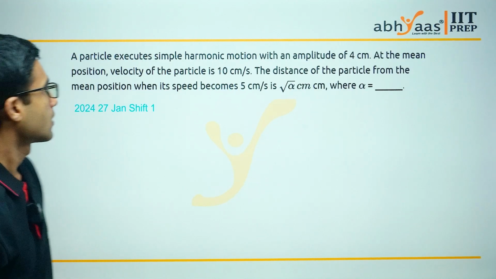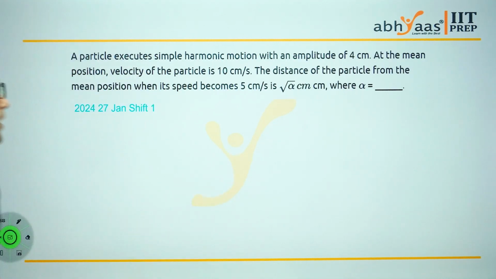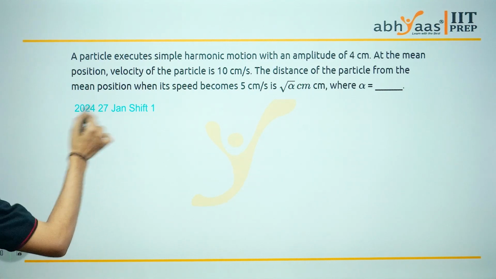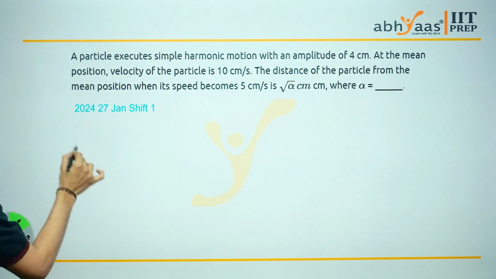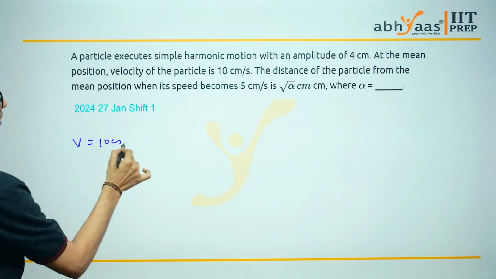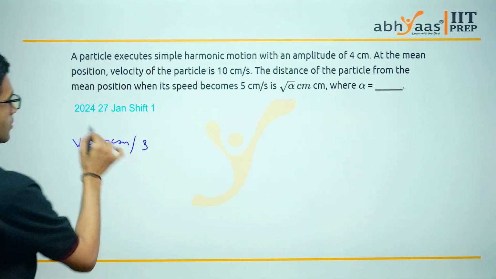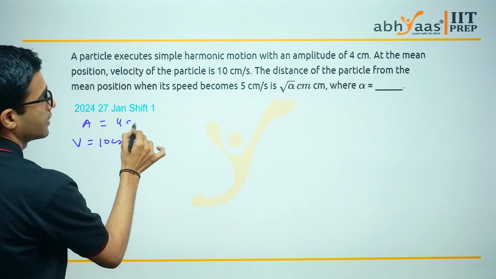Now going to the next one. The velocity is given at the mean position, so the distance you need to calculate. In a simple harmonic motion, the velocity is given as 10 centimeter per second and the amplitude is 4 centimeter.